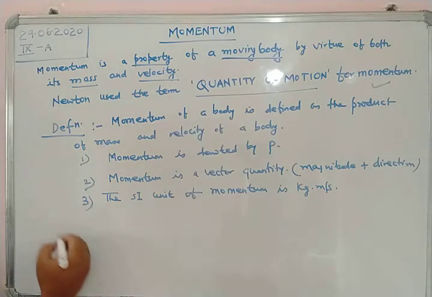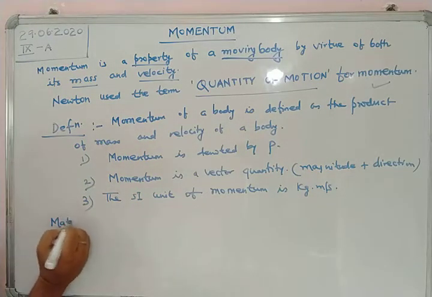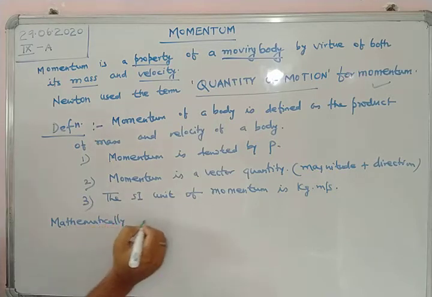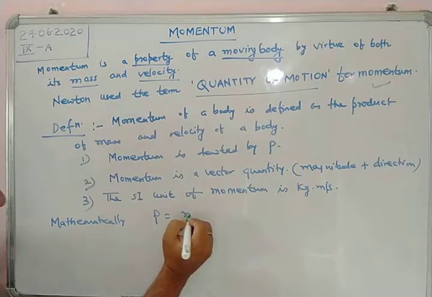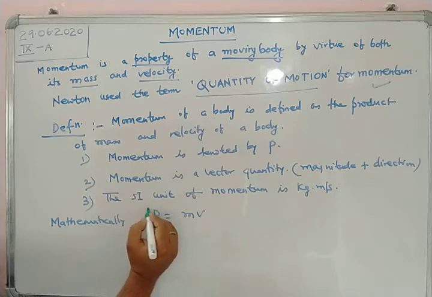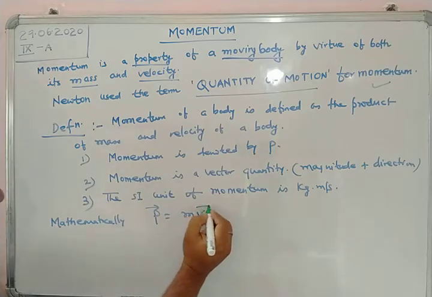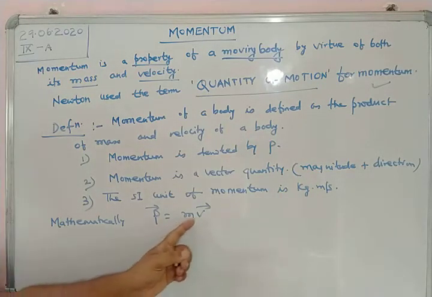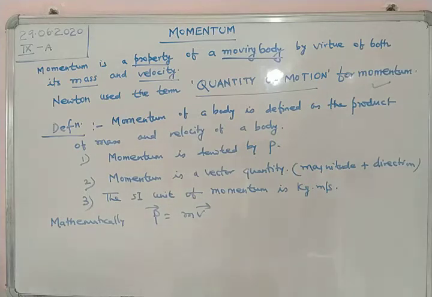Why? Because when we write mathematically, P equal to mv. P vector will be a better denotation to write the momentum because it is a vector quantity. So P vector equal to m v vector.